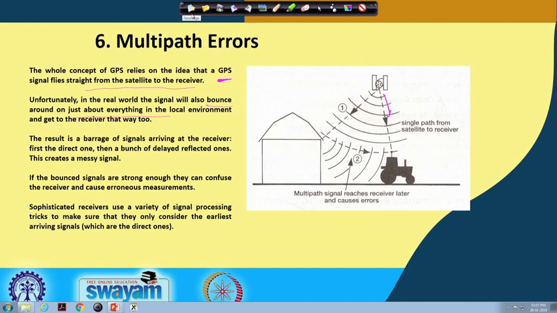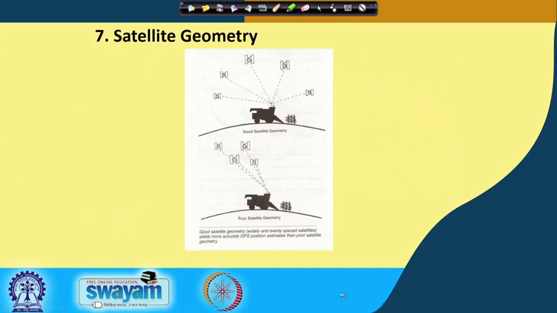Another source of error is satellite geometry. You can see here that good satellite geometry, where all the satellites are widely and evenly spaced, yields more accurate GPS position estimates than poor satellite geometry, where all the satellites are clustered at a particular site.